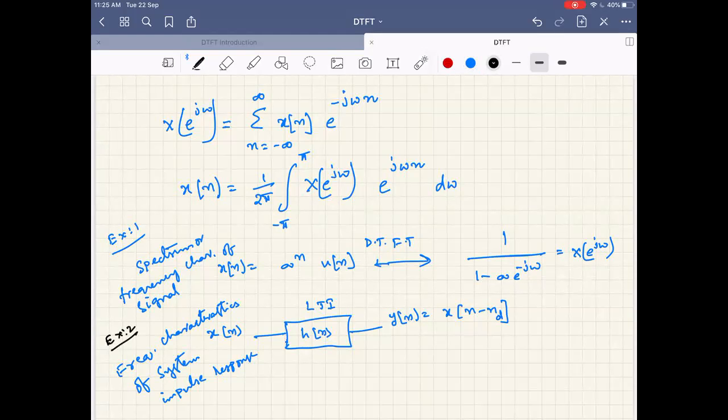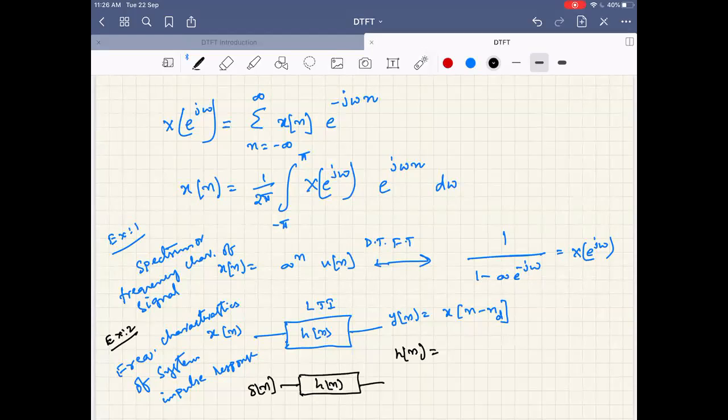So now in this case, how do I get the h of n? By looking at this, will any one of you be able to tell what h of n is in this case? What is the impulse response of the system? As the name indicates, whenever you wish to find the impulse response, in such simple cases, what you should do is give the input as the impulse.